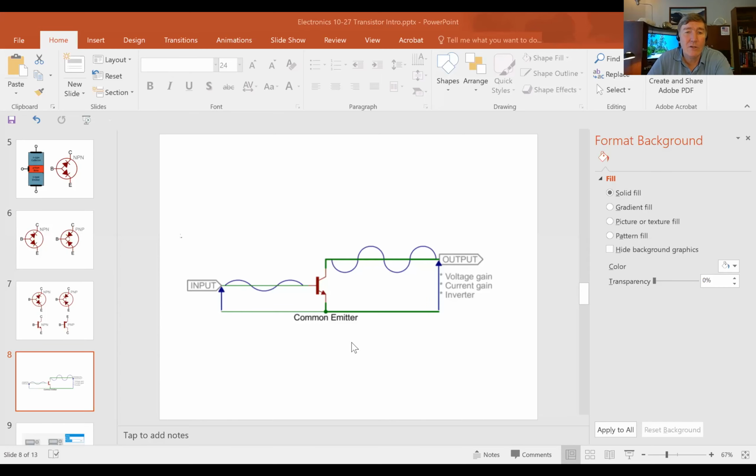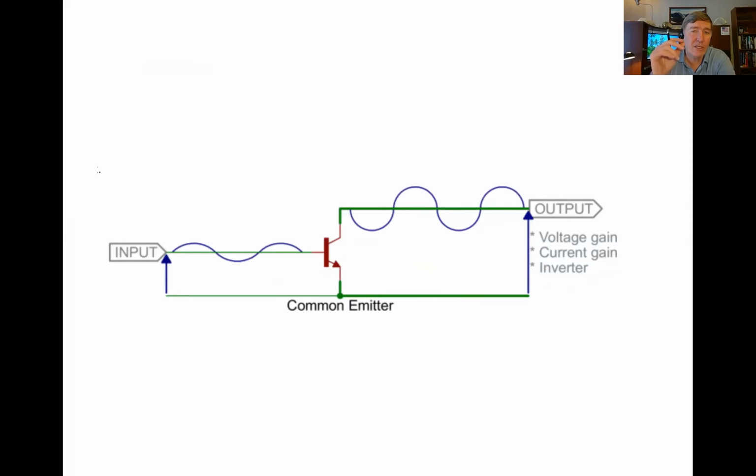Another application is, let's suppose that we've got some signal that is a very weak signal. Maybe we have a radio telescope and we're searching the universe for extraterrestrial life.